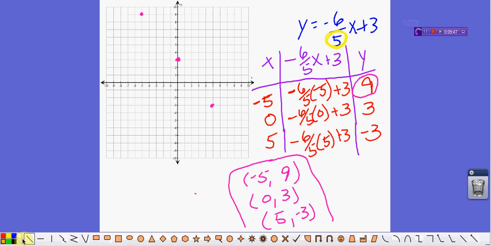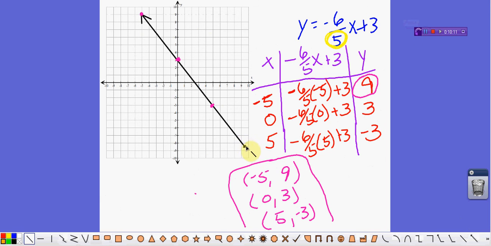Alright, so the last couple of things we're going to do here is we're going to draw a line through our points. We'll do this the best we can here with this tool that I'm using. Okay, so there's my line. If I want to be completely accurate, I'll put arrows at both ends.